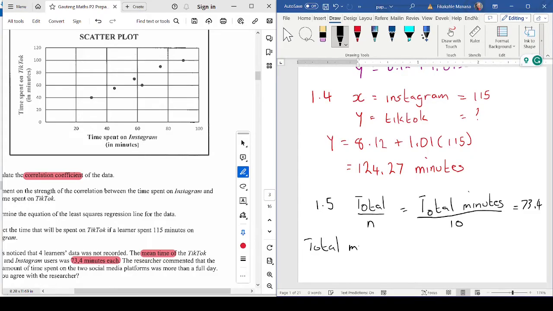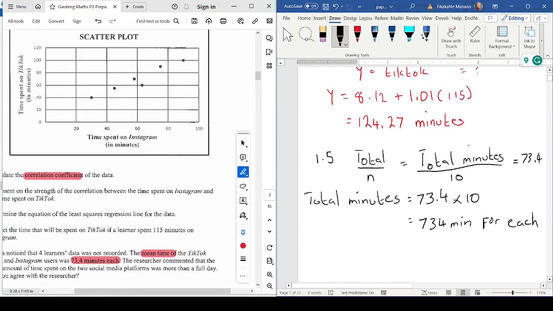So to calculate the total minutes, we'll use 73.4 times 10. This is just gonna give us 734 minutes for each.